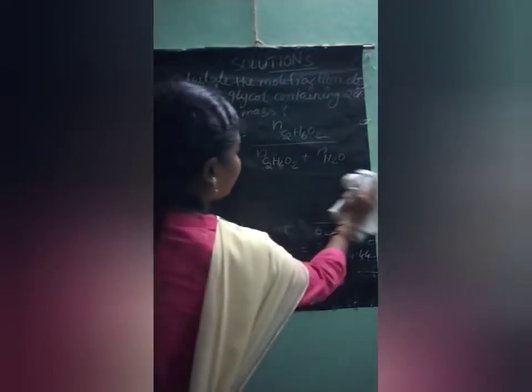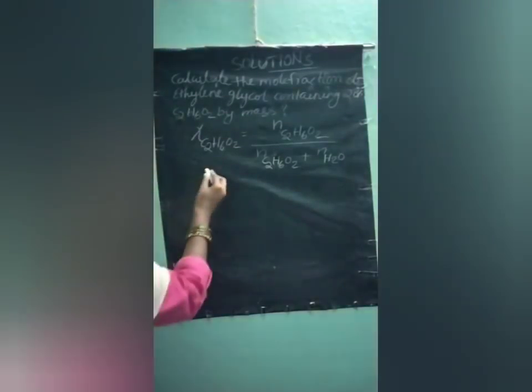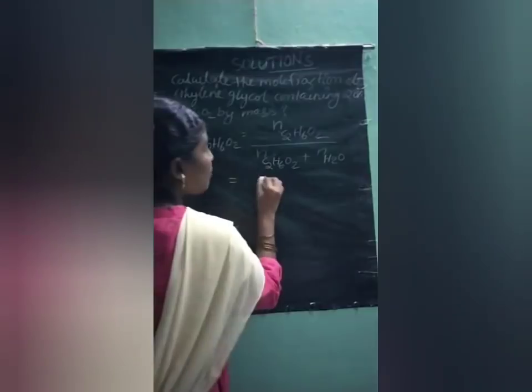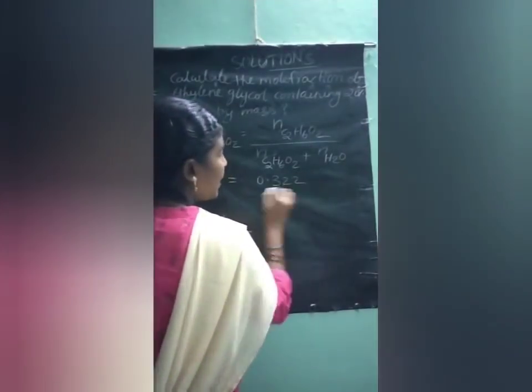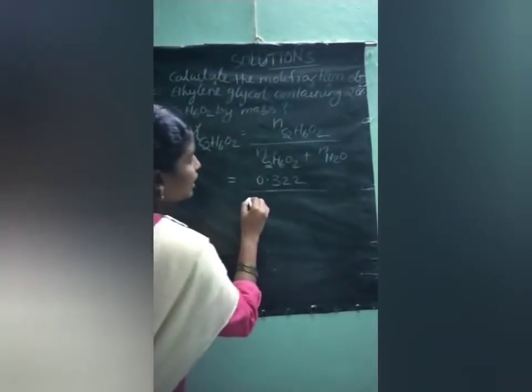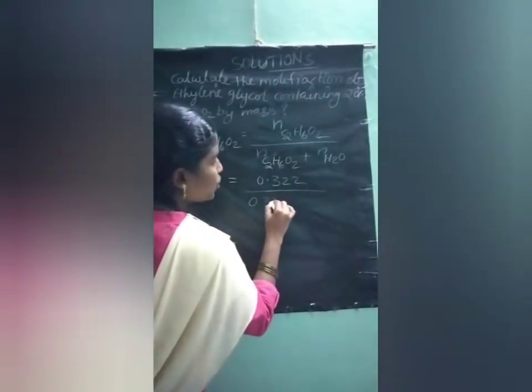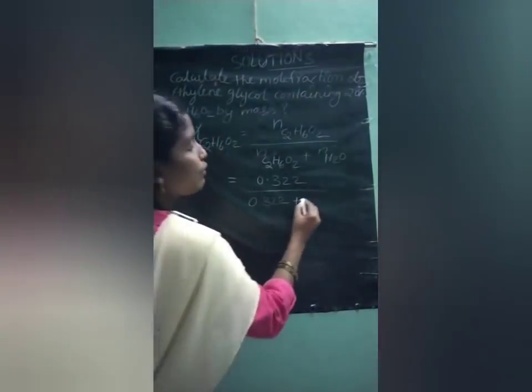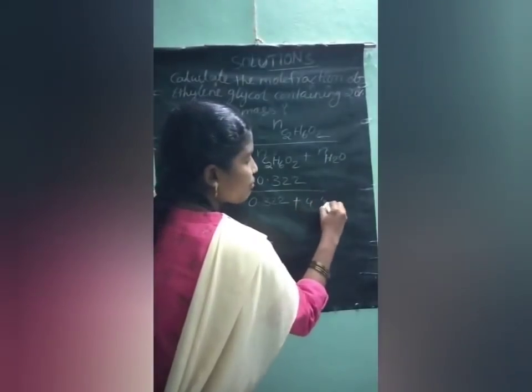So the mole fraction of ethylene glycol is number of moles of ethylene glycol, that is 0.322, divided by number of moles of ethylene glycol, 0.322, plus number of moles of the water, that is 4.44.